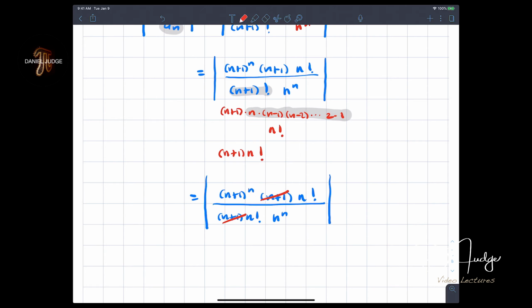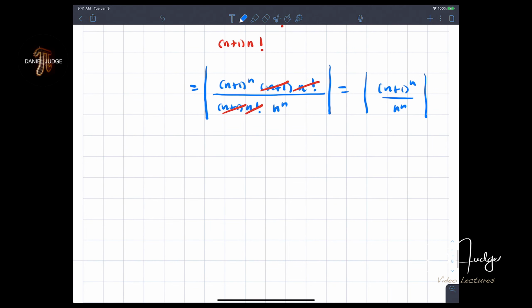Oh, yes, n plus 1 goes away, and then n factorial goes away, right? So you're left with simply n plus 1 to the n over n to the n. And since we're dealing with natural numbers, the absolute value goes away.